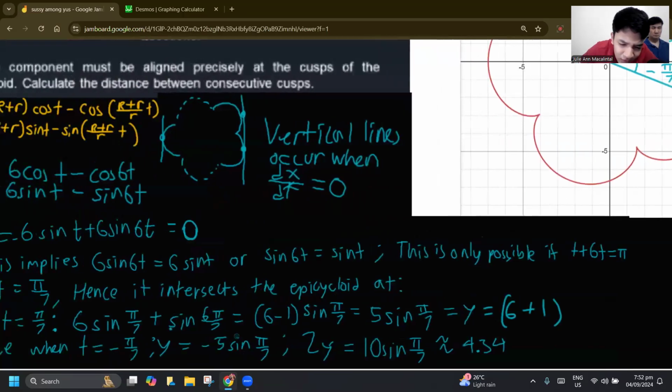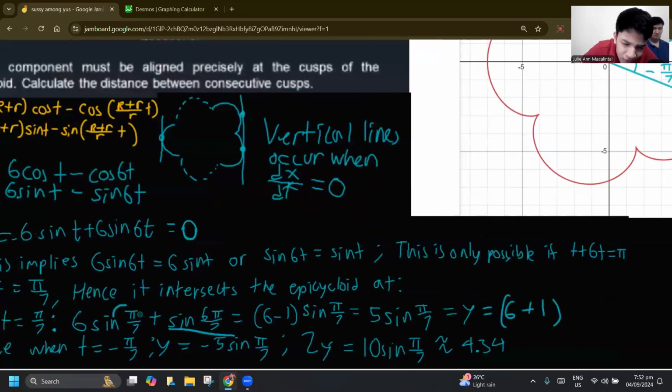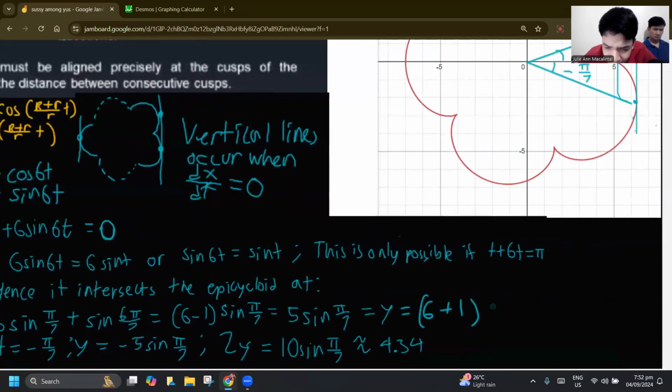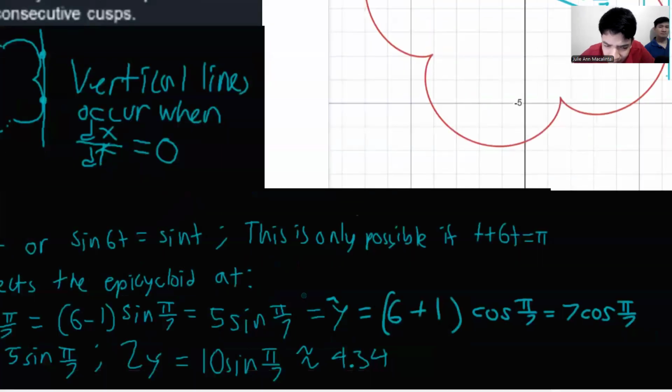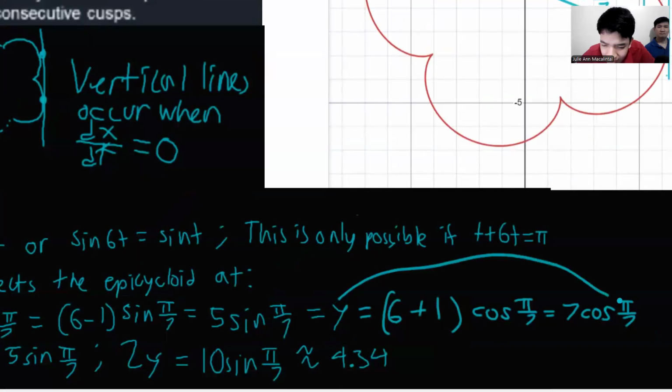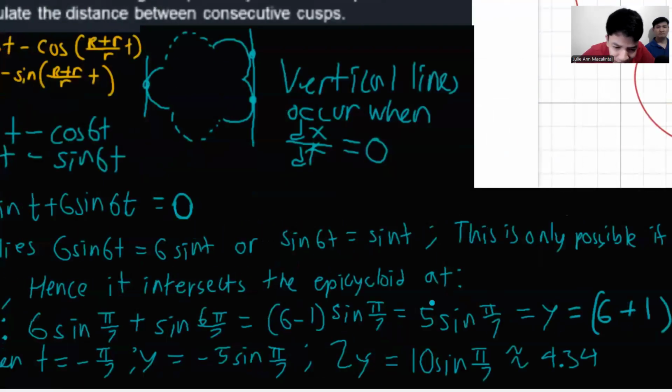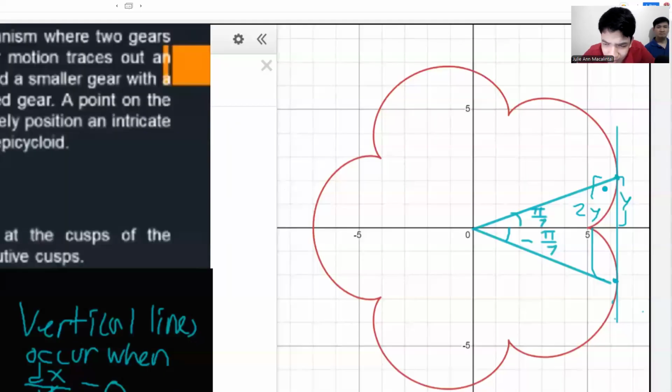Since sine 6 pi over 7 is equal to sine pi over 7, they're like terms. So that's just sine of 7, no, this is cosine. Okay, so anyway, the y is either 5 sine pi over 7 or 7 cos pi over 7. Doesn't really matter. So that was the y value here.